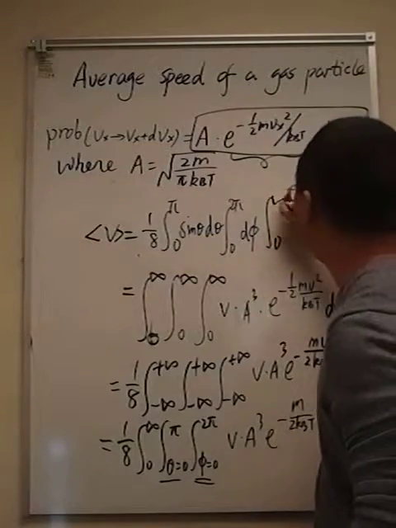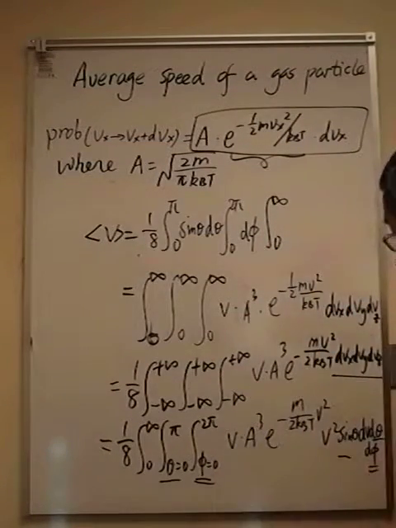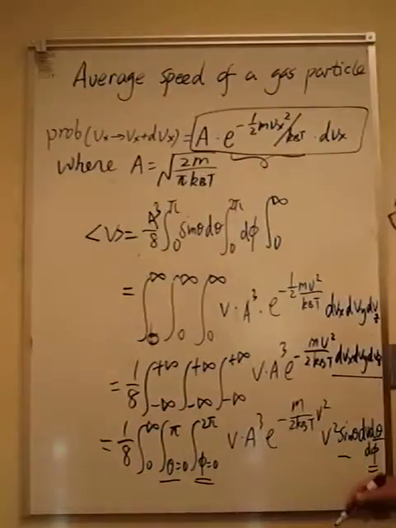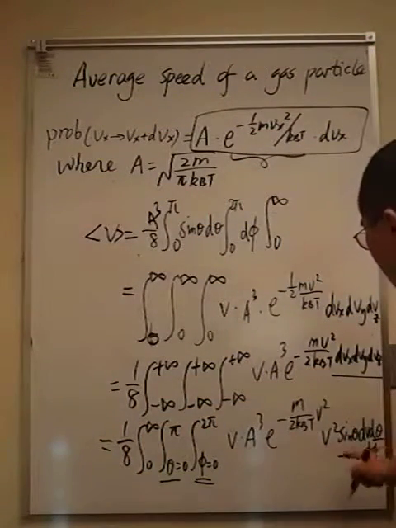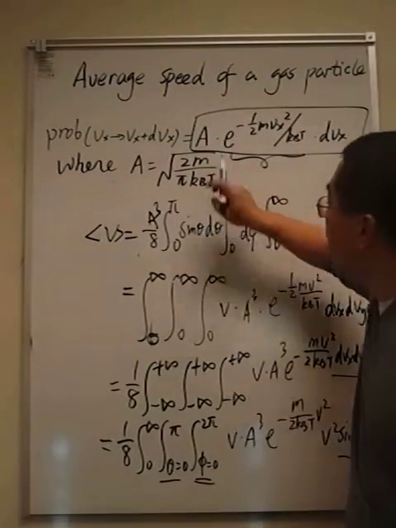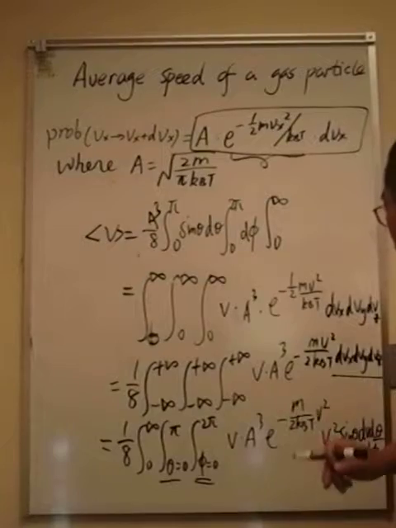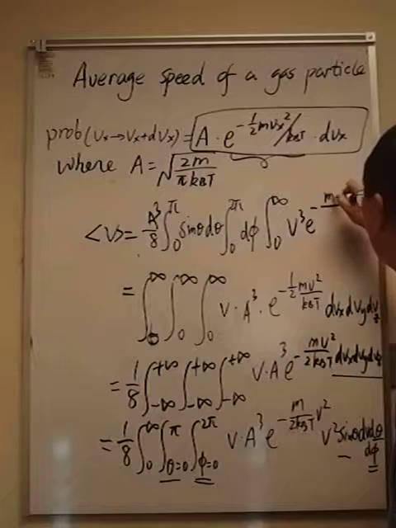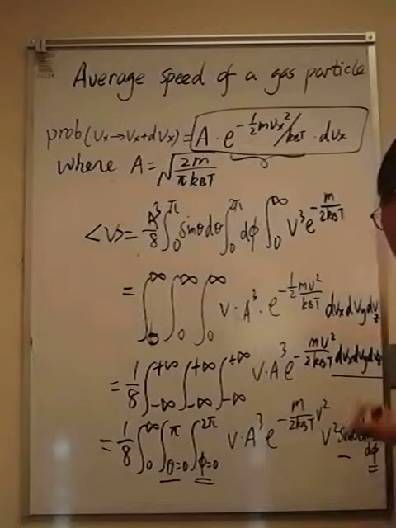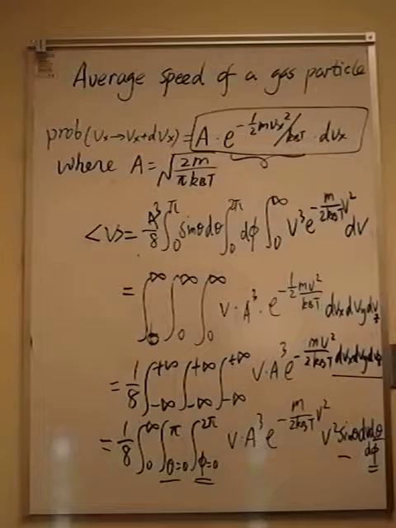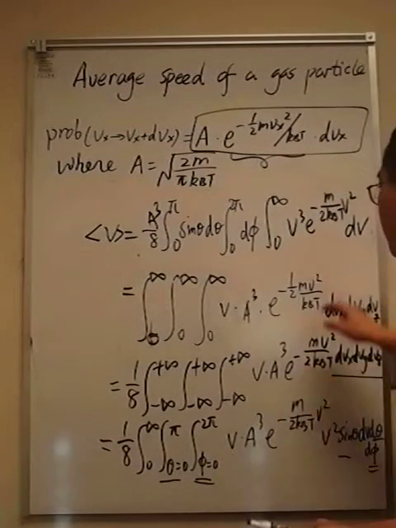Finally, from 0 to infinity, that's the limits for the speed. And we have V to the power 3 here, and A to the power 3, I'm going to put A to the power 3 in front of the integral because it does not depend on V or theta or phi. This A is actually a constant given the mass and temperature. So we'll just evaluate this integral.